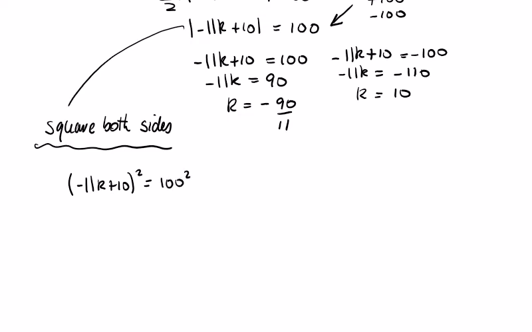So minus 11 by minus 11 is plus 121k squared. We have 10 by minus 11, so minus 110 twice is minus 220. Okay, and if I bring the 100 across, I'm going to get 10,000, 4 zeros, so minus 10,000 is equal to naught.